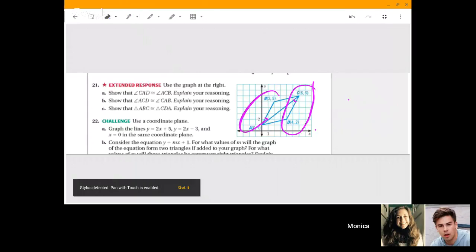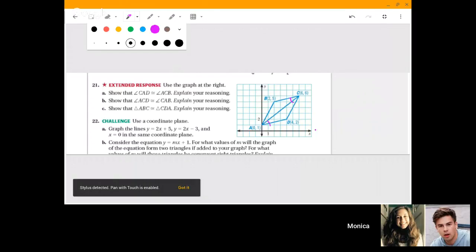So then for the last step, it wants us to show if the triangles are congruent and then explain the reasoning. So what we proved in the first two parts would have to do with these angles here, and then these angles here.